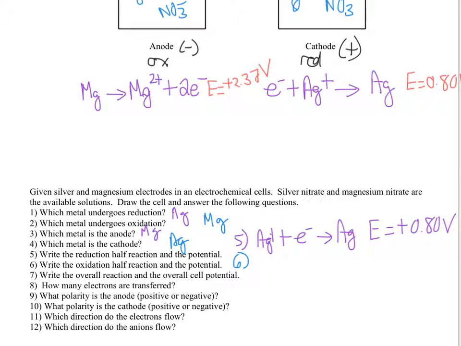I'll rewrite it. So Mg yields Mg2+ plus 2 electrons. Your voltage would be positive 2.37 volts. Okay, number 7 says we want to write the overall reaction and the overall cell potential.